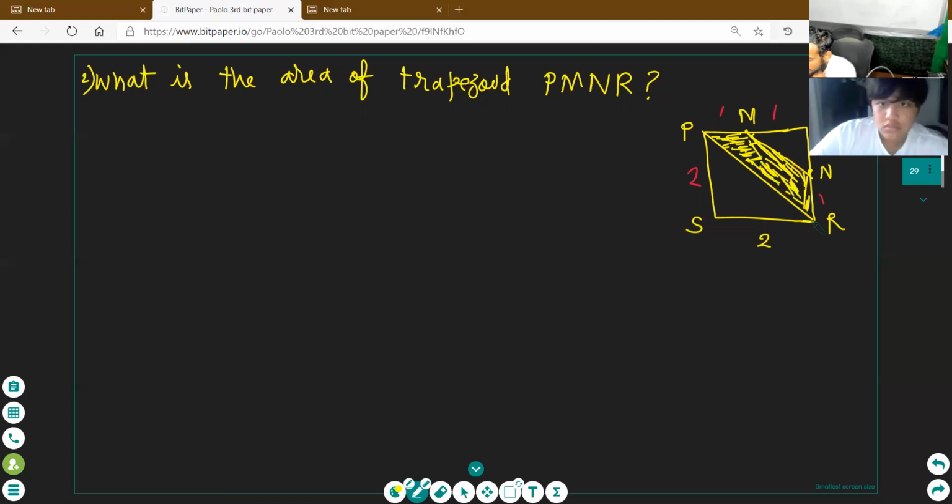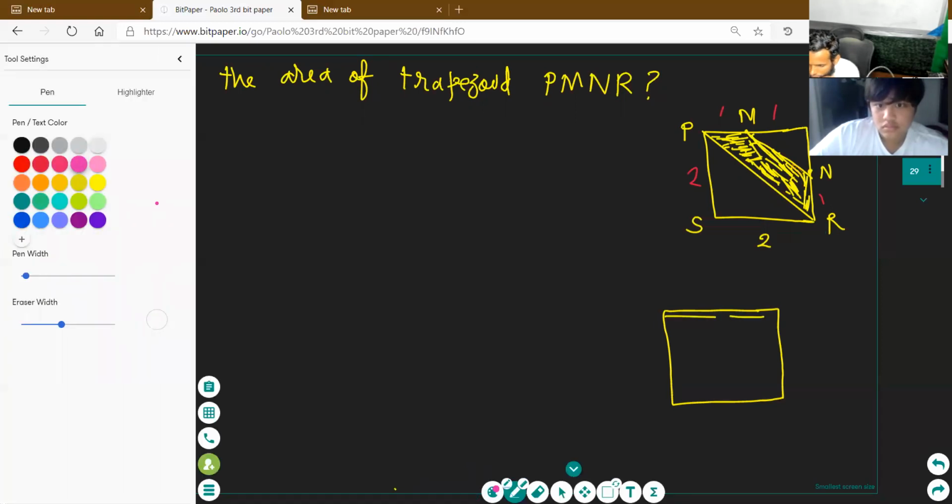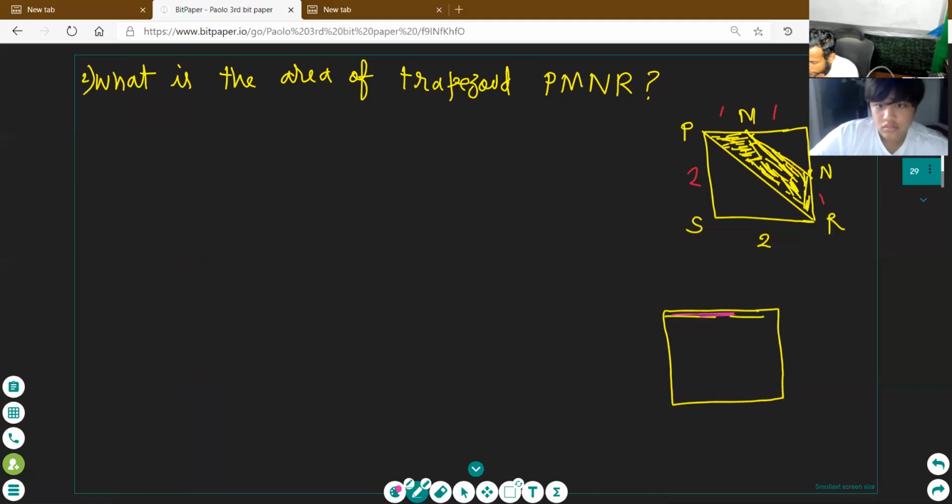You should first see here. First find the area of this complete square. Inside the complete region, first you find the area of the complete square. Use the formula and find the area of this.